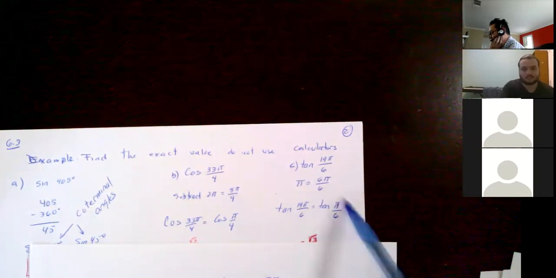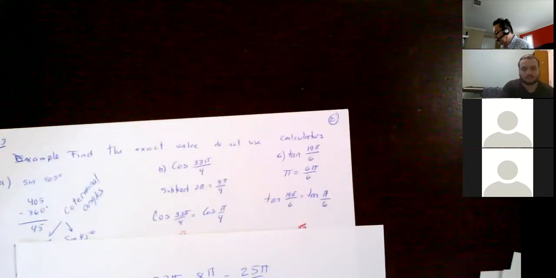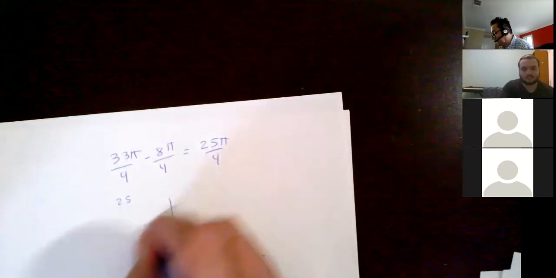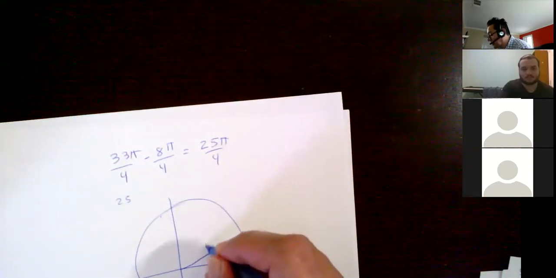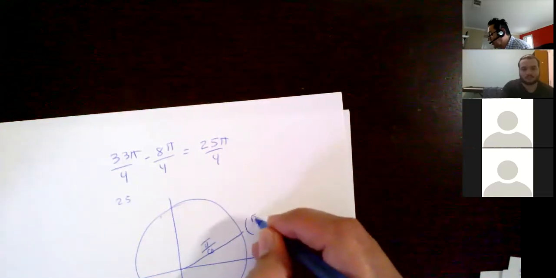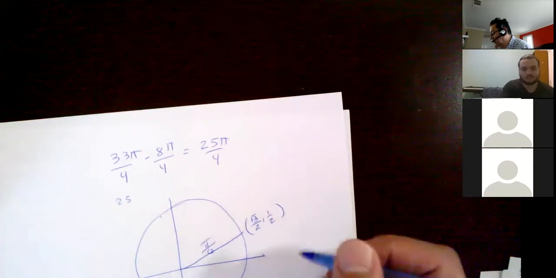What is tangent of pi over 6 on the unit circle, by the way, you guys? On the unit circle, notice at pi over 6, we have square root of 3 divided by 2 and 1/2.